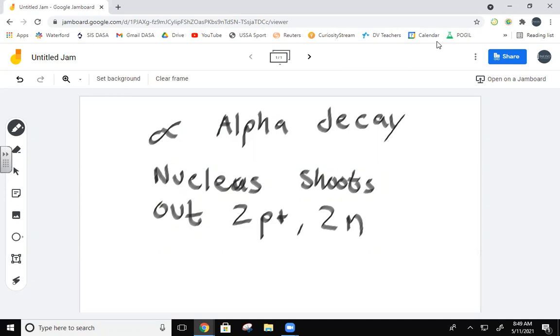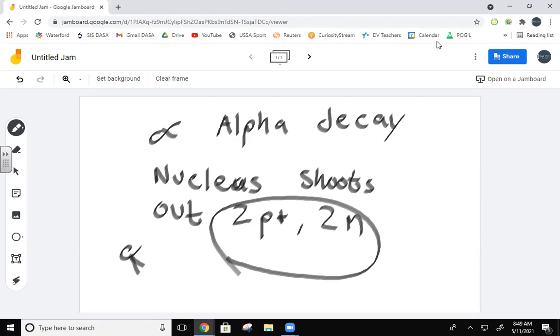So this, the 2 protons and 2 neutrons, is called an alpha particle. Let's try drawing that alpha one more time. Close enough. Okay, an alpha particle.